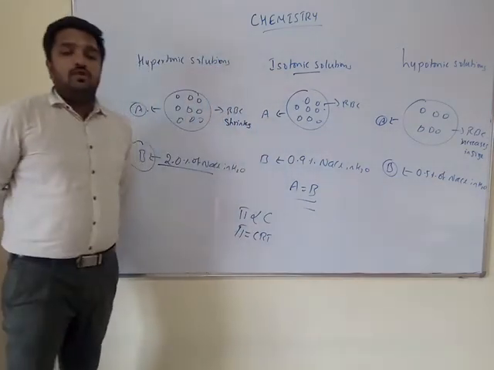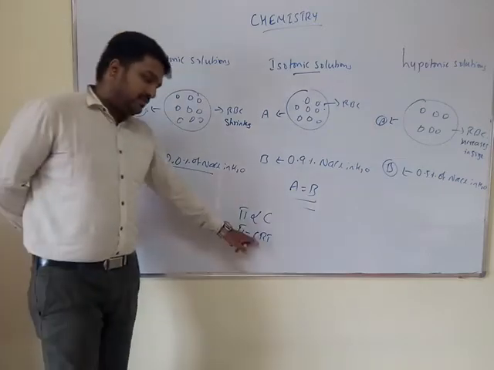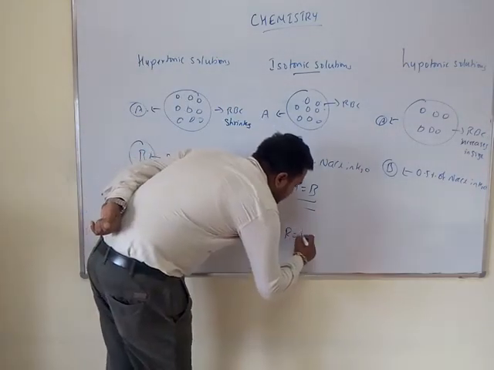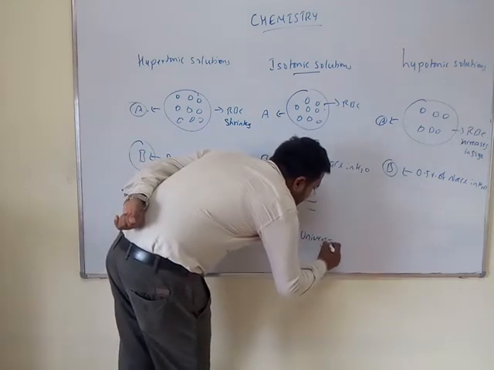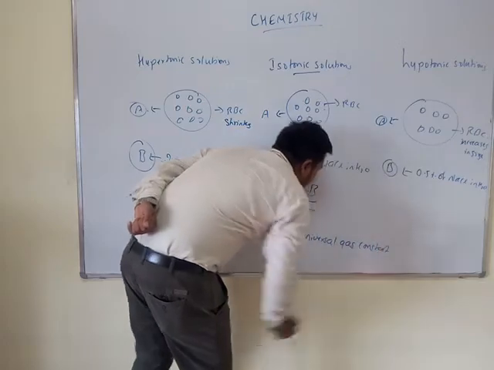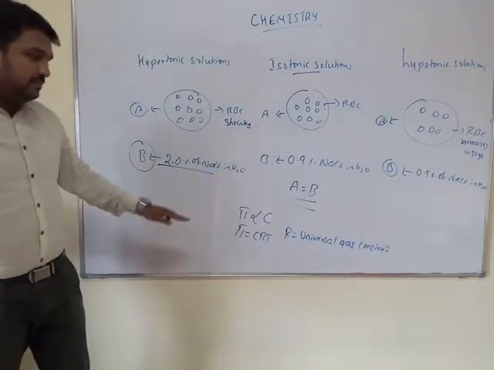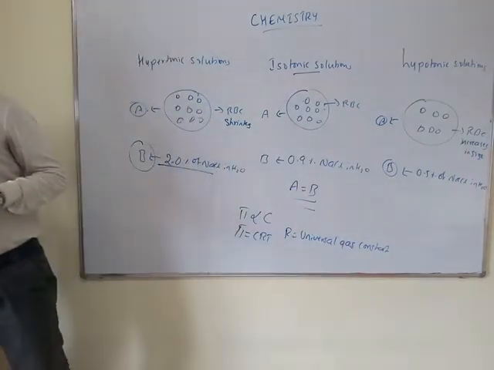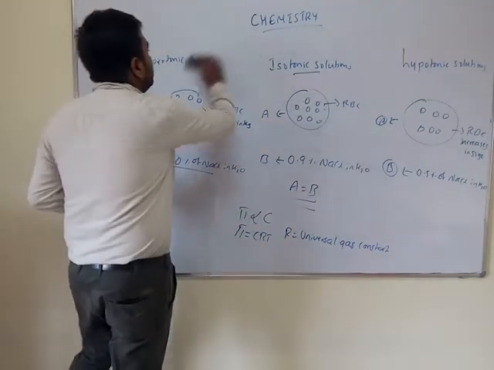We are adding two constants. One is the universal gas constant and one more is temperature. Right? R is the universal gas constant, and T is the temperature. Yeah, this is the simple form of osmotic pressure. Now let us see one more concept called reverse osmosis.